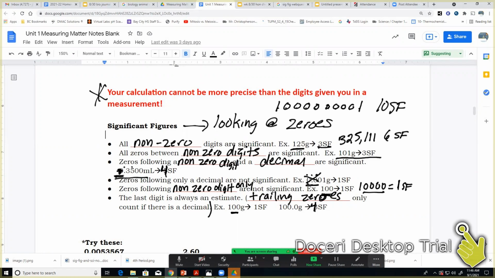But once I put these zeros with the decimal, they become significant, and that becomes 4 sig figs. If I have 10,000 without a decimal, that is only 1 sig fig. That means the only thing I really knew was that 1.